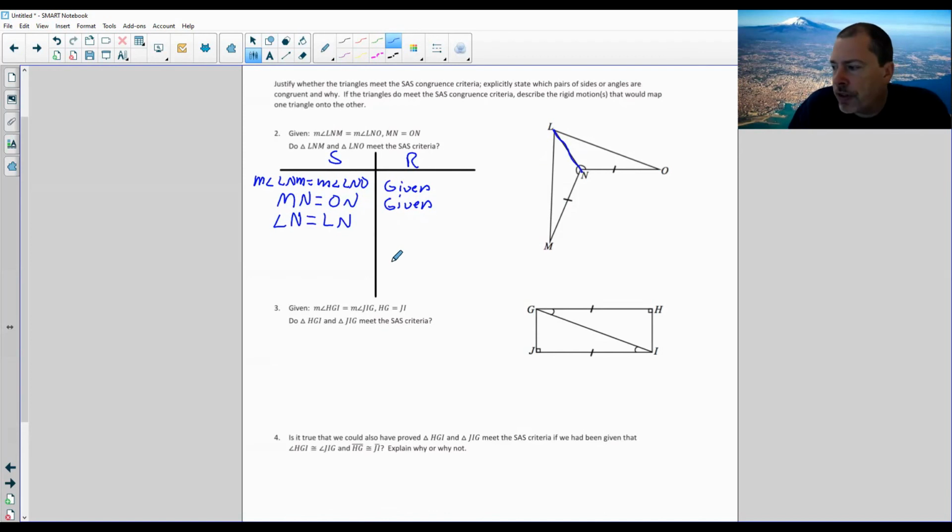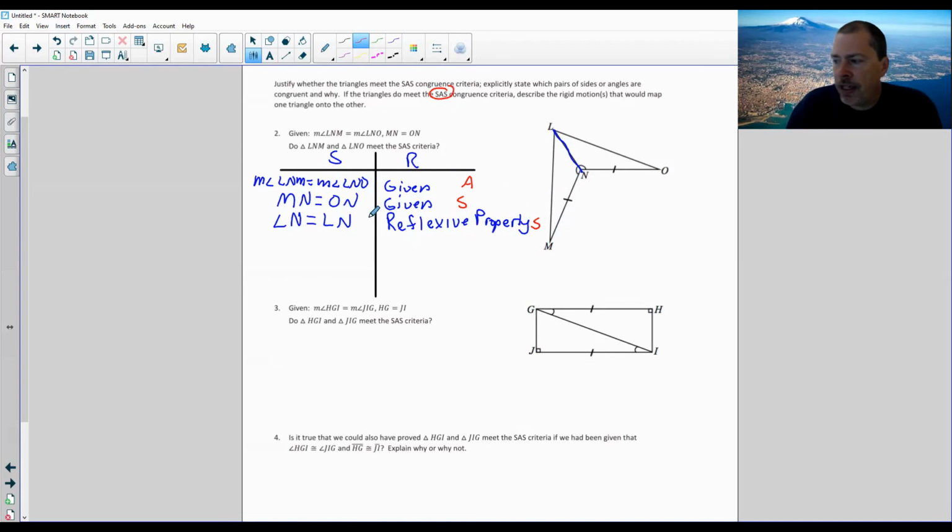And the reason for that is the reflexive property. So now we have a side, angle, side. The angle is in between the two sides, so that is SAS, okay?